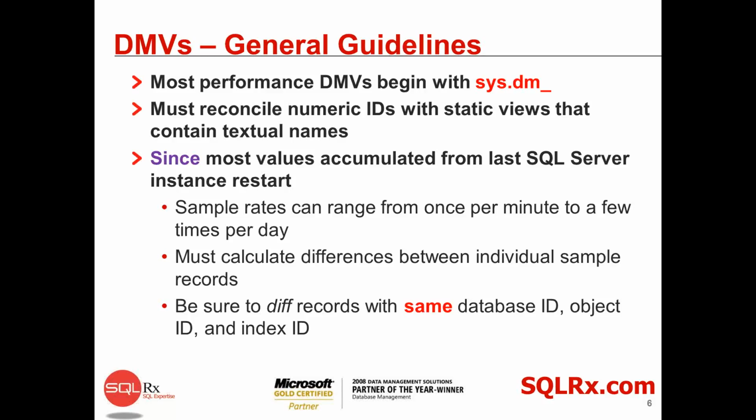Make sure that when you're doing this diff operation, you're doing the difference with the same database ID, object ID, and index ID if applicable, or the database ID and file ID. You have to match like things and make sure that you join the same database, the same file, the same everything all the way down to make sure you've got the right comparison, because you do have to subtract.